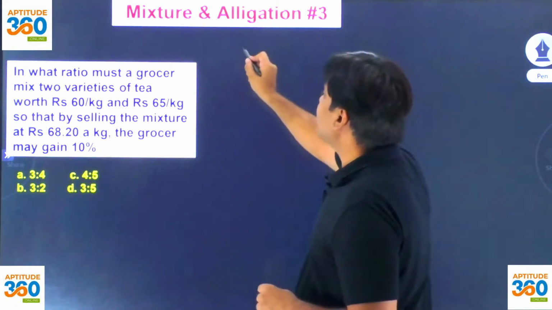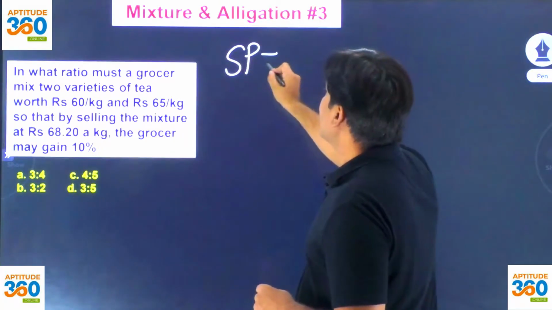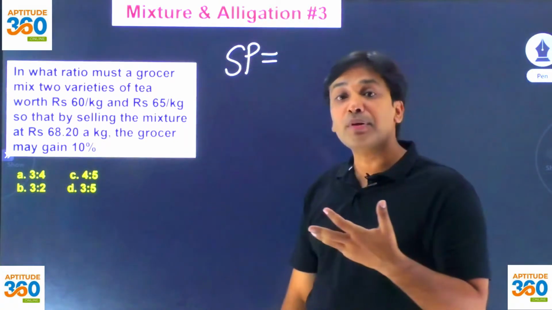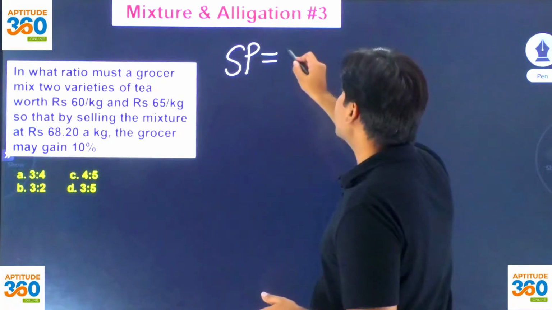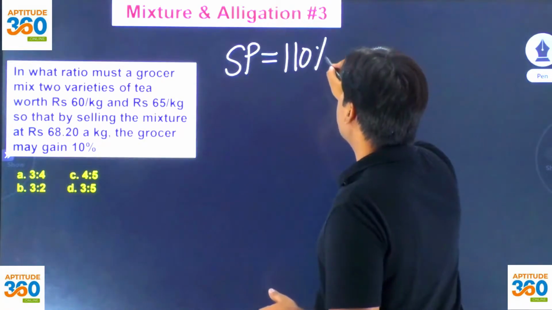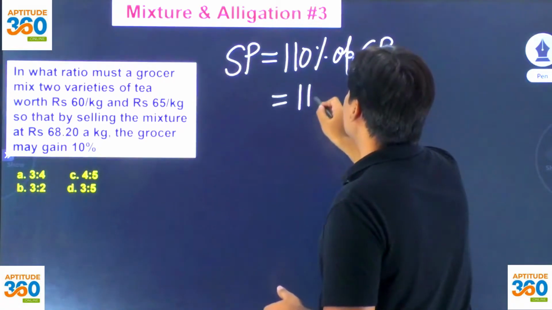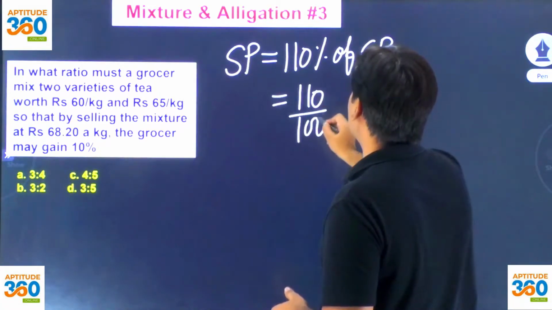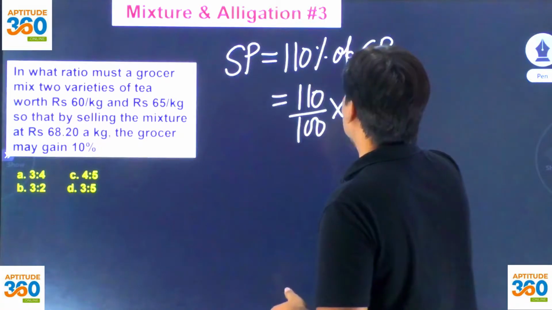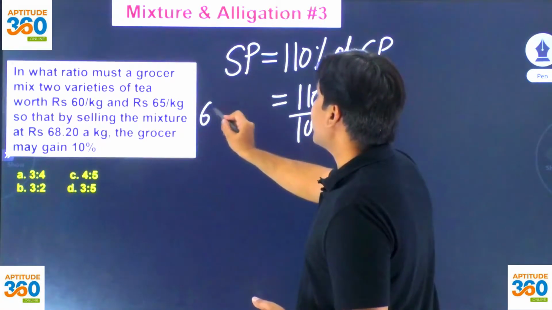So selling price is, what did I say, 10% gain. So I would write this as 110% of CP. Probably if you're not understanding this, then you have to visit my 10 videos of profit and loss. And this one is 68.20.